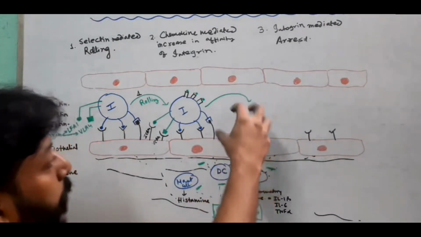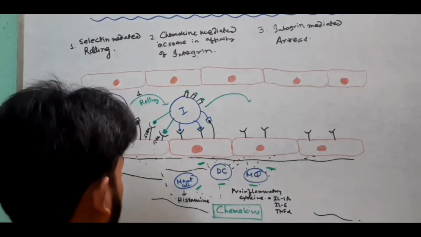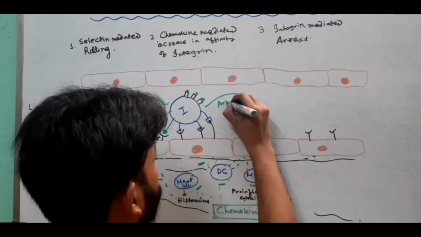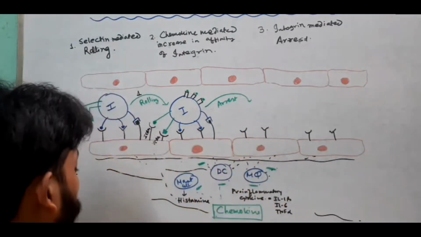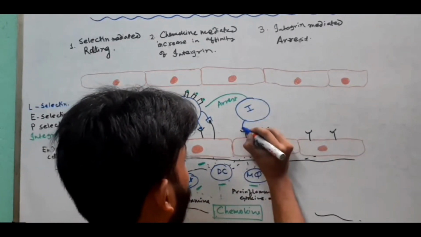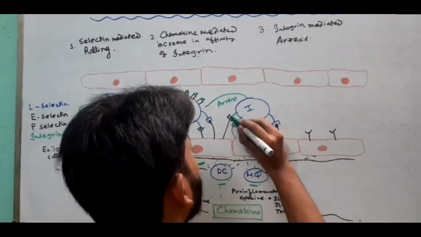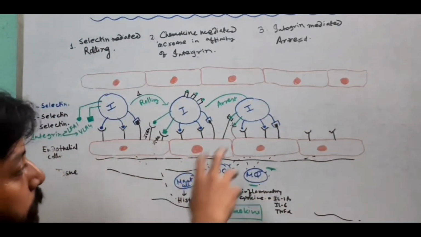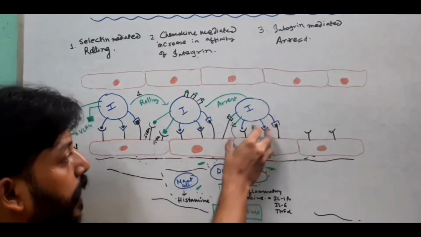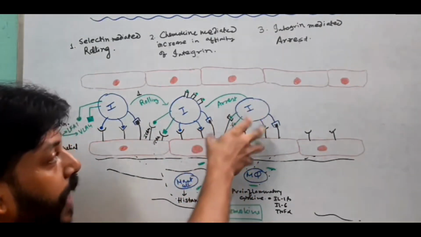It binds permanently with the endothelial cells. It becomes arrested. So this is the third step, in which the immune cell now attaches with all the molecules present on the endothelial cells. Now you can see the immune cell is binding with the selectin ligand and the integrin receptor. So now it becomes arrested.